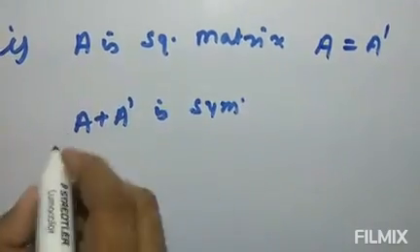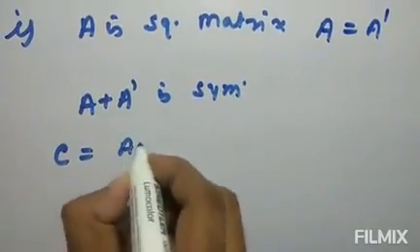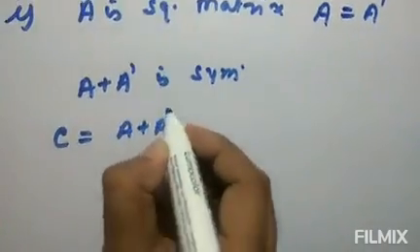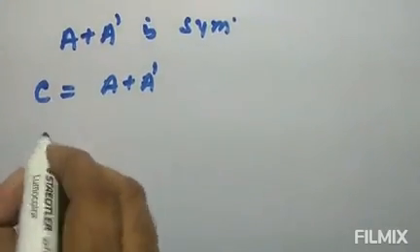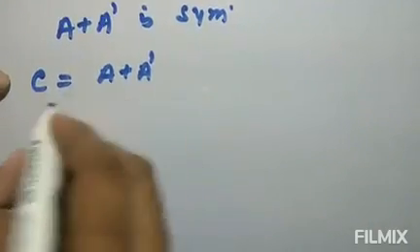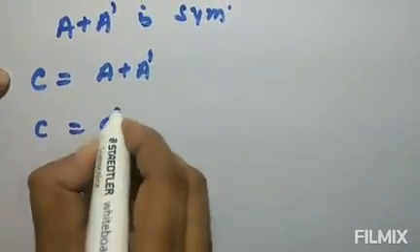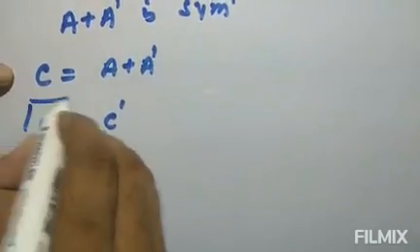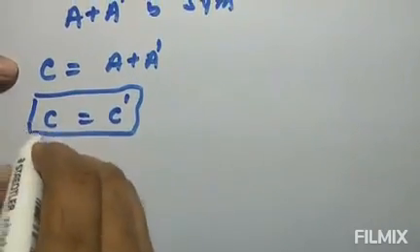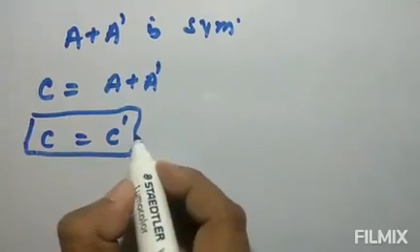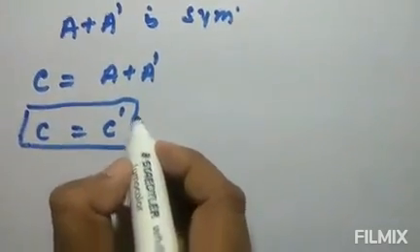It means suppose this one equals to C. So A plus A dash equals to C. If C is symmetric, it means C equals to C dash. So in this case A plus A dash is a symmetric matrix.